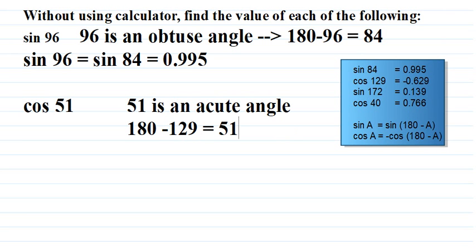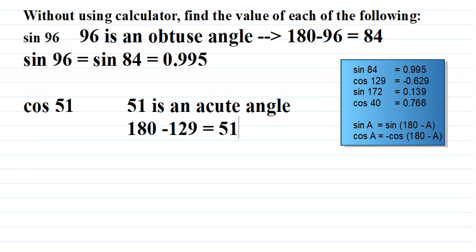But remember, in cosine, the acute will be positive and the obtuse will always be negative. So we know that cos 129 is negative 0.629.